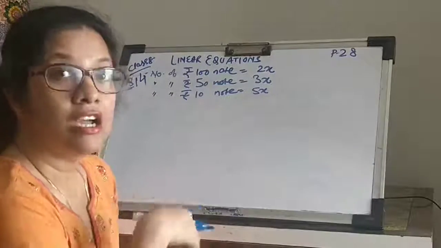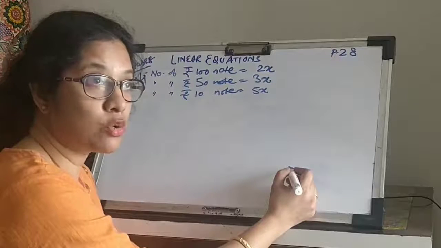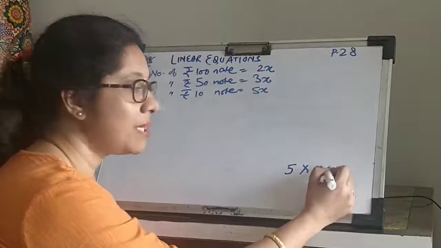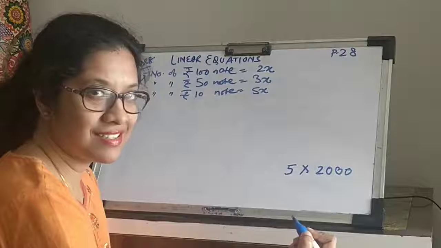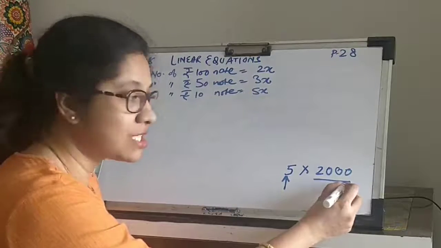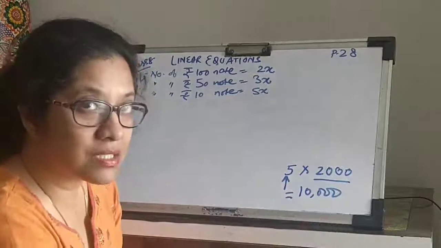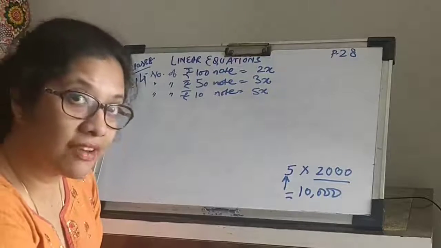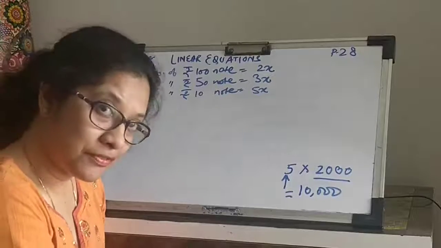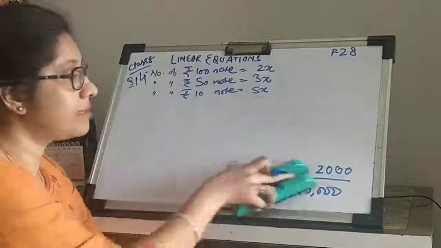Let's say you've got 5 notes of rupees 2000 each. So what is the total amount I have? 10,000 rupees. So how do I find out the amount I have from the number of notes? Simply multiply the number of notes with the denomination. Right? So that is what we are going to do here.